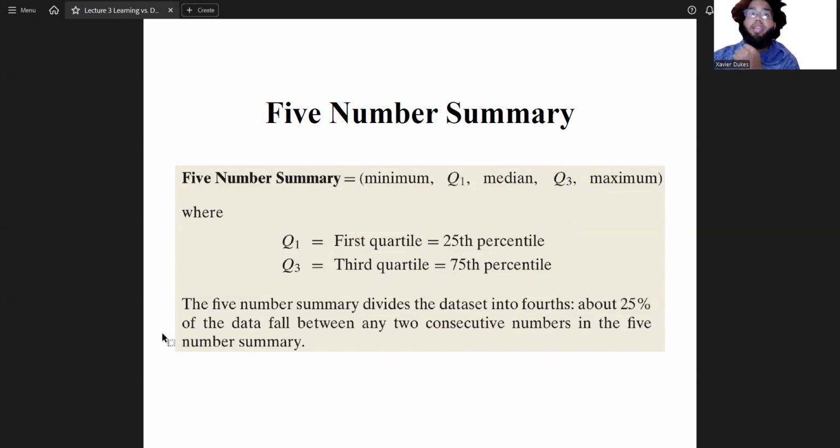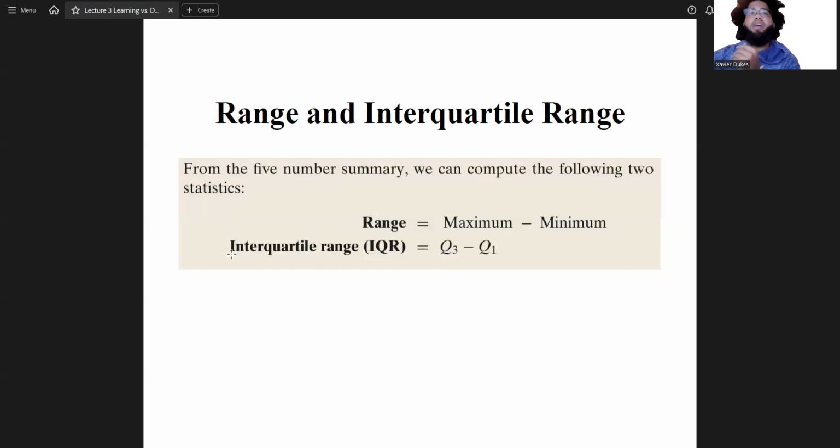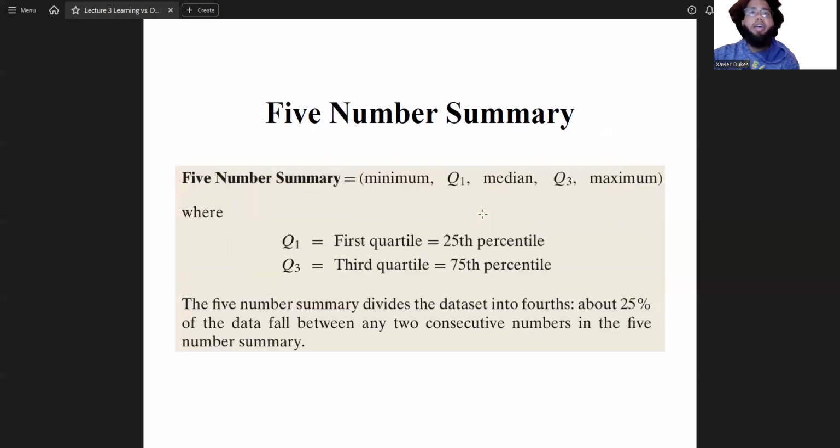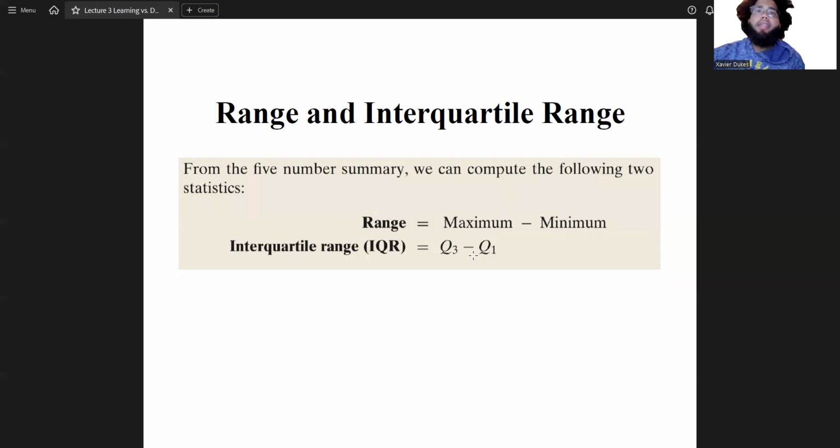About 25% of the data should fall between any two consecutive numbers in the 5-number summary. So we have the IQR, the interquartile range, and the range, which is the maximum and minimum, the greatest and smallest values in the data set, where everything else is encapsulated by it. Q3 and Q1 will give us the interquartile range.